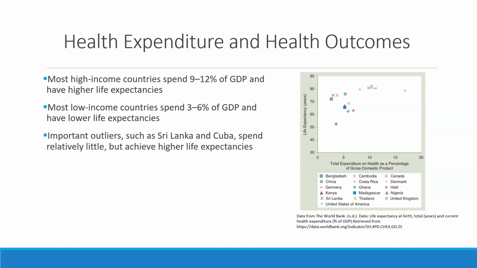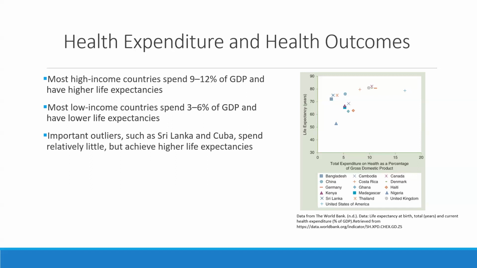By and large, most high-income countries spend more on health and have higher life expectancies, whereas low-income countries spend less on health and have lower life expectancies. And this is, of course, just a correlation, but it makes sense.